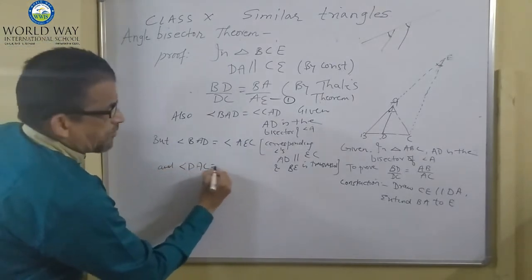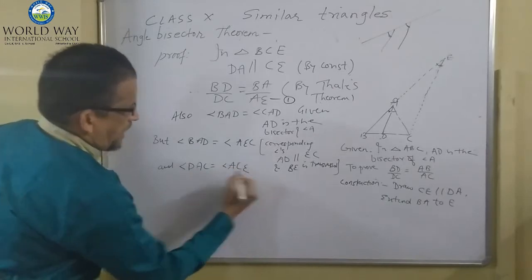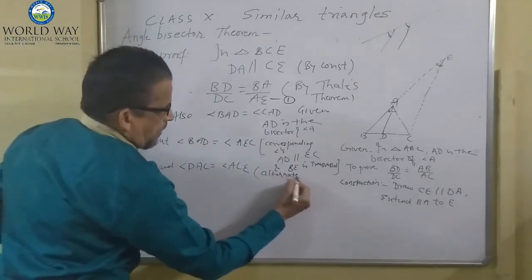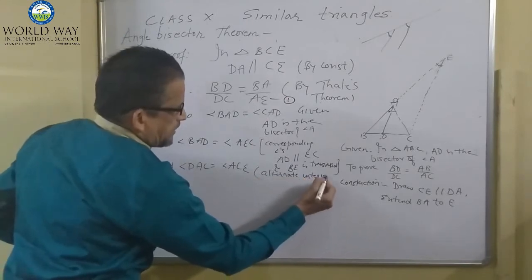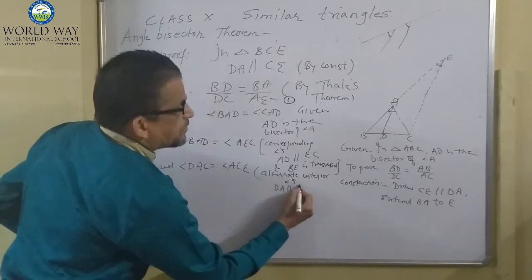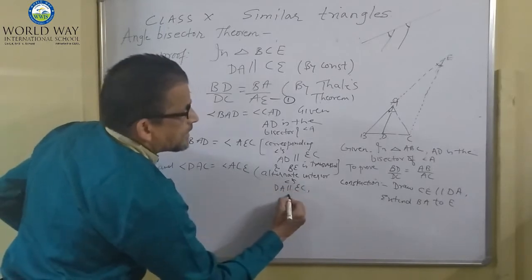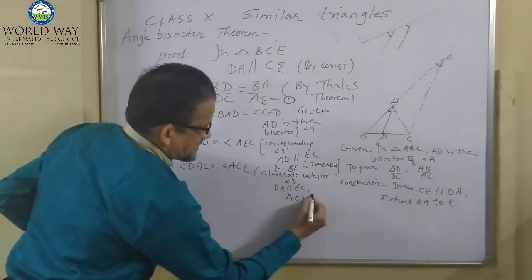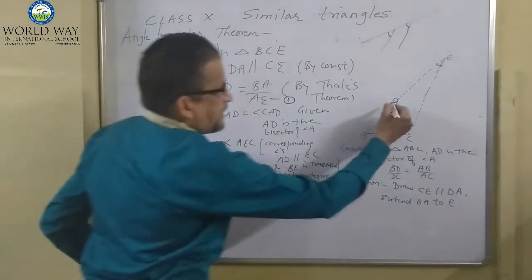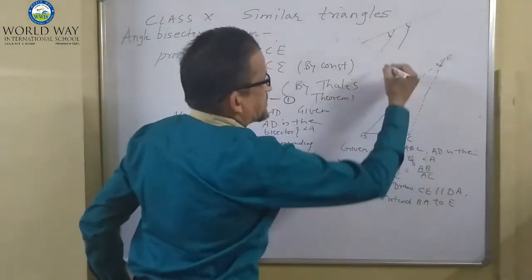DAC is equal to angle ACE. Why? Because of alternate interior angles. Same: DA is parallel to EC, but AC is the transversal.